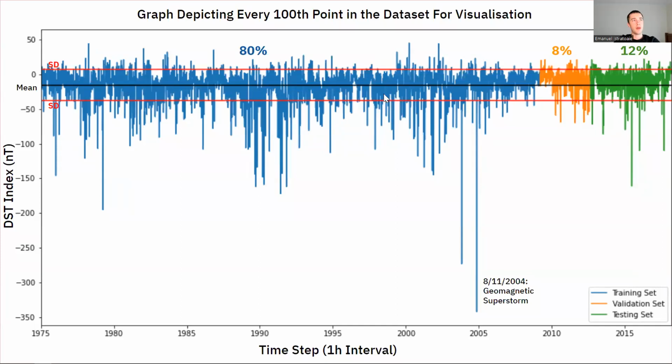Using statistical mathematics, we can assert that 68% of the data lay between these two red lines. Yet we can still see that there are many outliers that can create moderate storms or intense storms, or even this geomagnetic superstorm that was created in 2004.